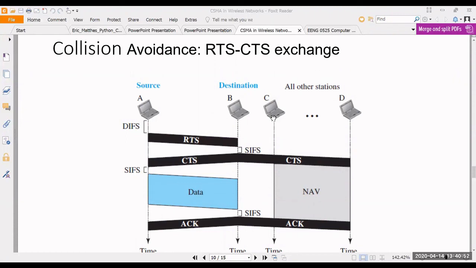But not the data itself, just our RTS. So do you see how collision avoidance is helping us in this issue? Yeah, it's sacrificing just the RTS for our data. That is all.